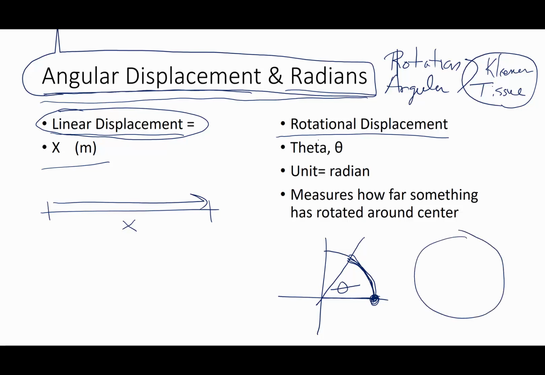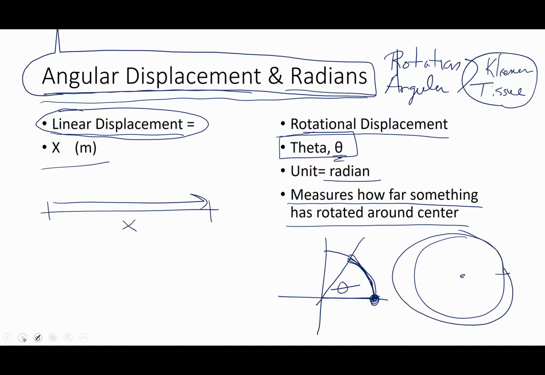The symbol we use for rotational displacement is the same symbol we have used in the past for angles, the Greek letter theta, but the unit is the radian, and we'll talk about radians a little more in the next slide. This is a measurement of how far something has actually rotated around its center.